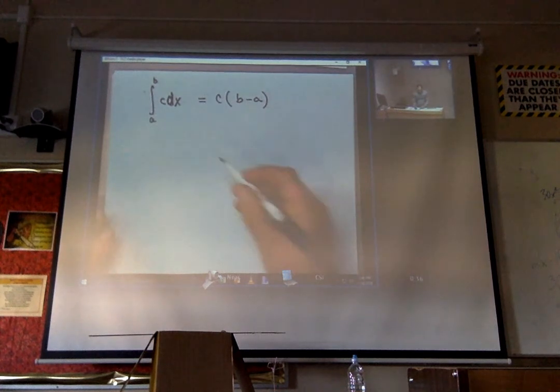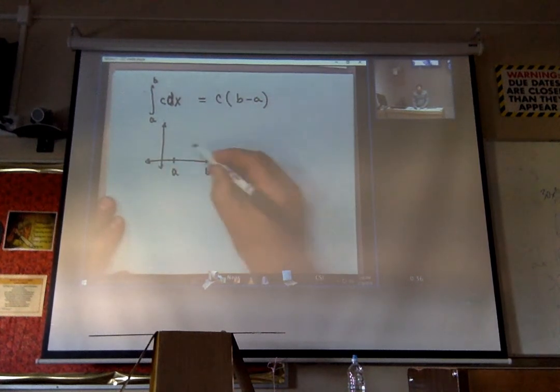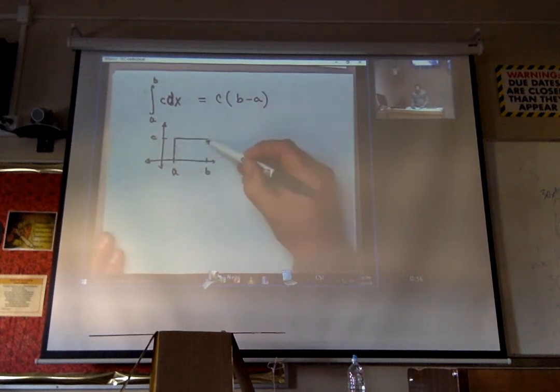So if you still don't see this, here's a little picture to help. A, B, and here's your c. The only thing I'm looking at is the small segment from A to B, because that's what I have. So right here, here's your area, right?